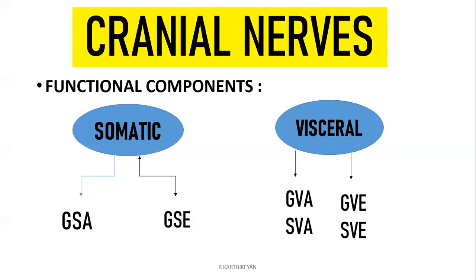So the set of efferent fibers that supply your muscles derived from pharyngeal arch is your special visceral efferents. The set of efferent fibers that supply the generalized structures like your glands and smooth muscles of viscera is your general visceral efferents. General visceral afferent means your pain, temperature, etc. Special visceral afferent we saw in your tongue, taste sensation.